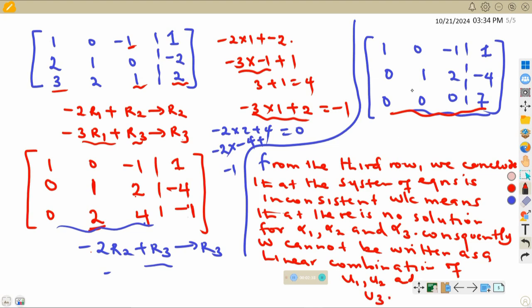So if you find that the system is inconsistent, then it means you cannot write a given vector in terms of a linear combination of other vectors.